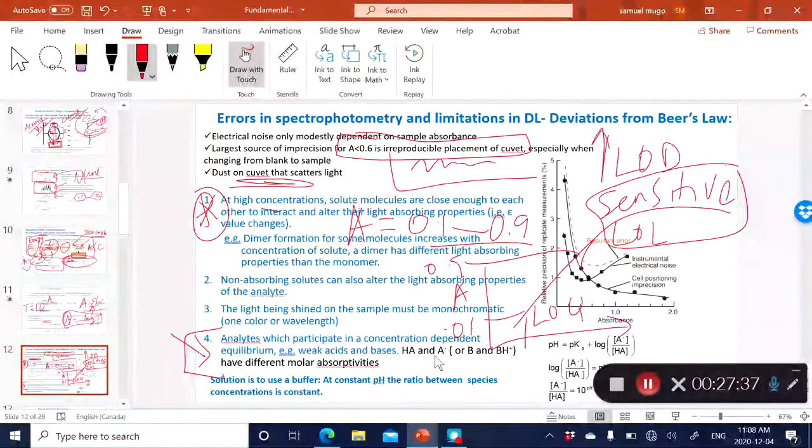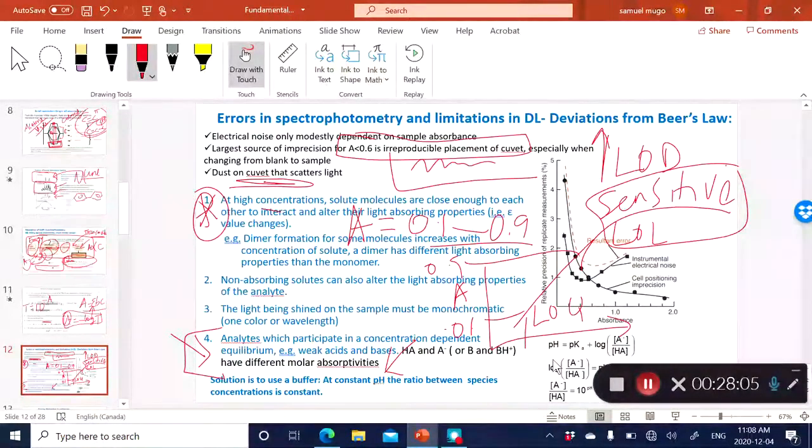Unless you equilibrate it and make sure you're not getting this chemical equilibrium taking place. So for example, if you're analyzing weak acids and bases, always make sure you add a buffer to the sample, so that you're not getting these acid-base equilibria taking place.